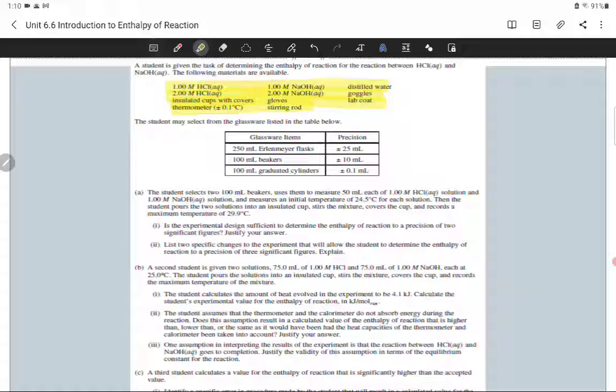Okay, so we also have some glassware. So we have a flask, we have a beaker, and we have graduated cylinder. So of those three, beakers are great to contain liquids, to transfer liquids, to mix liquids.